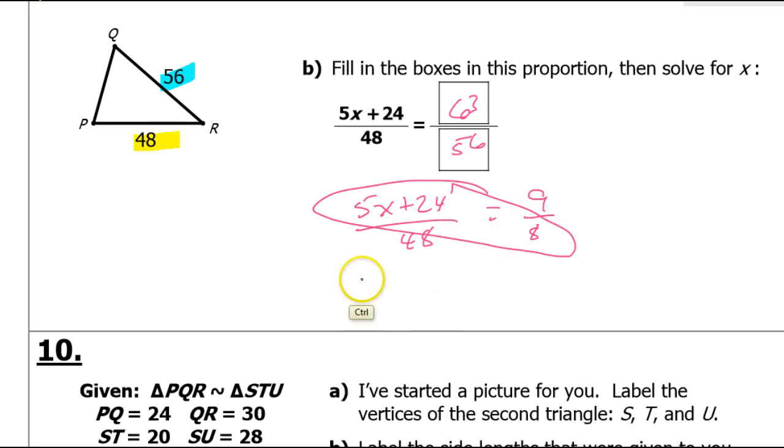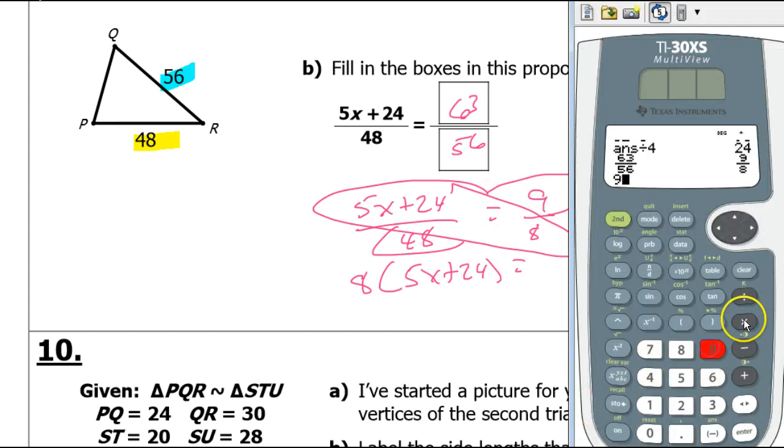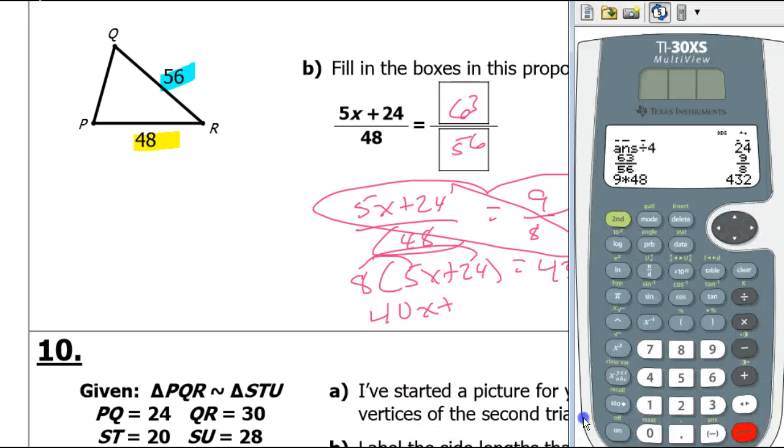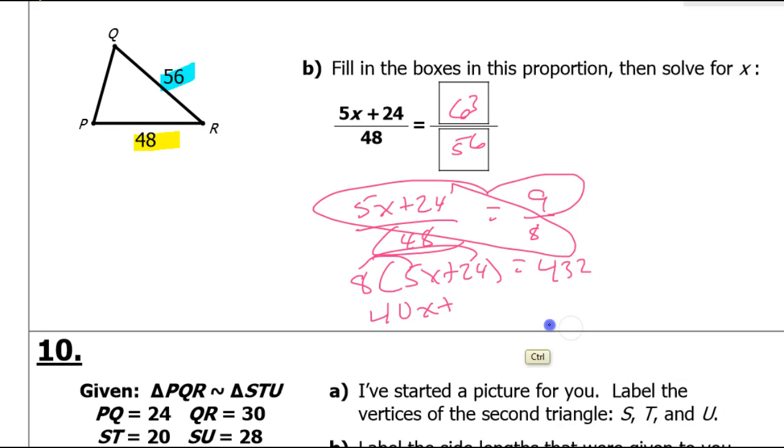Okay, if I multiply those, so I'm doing 8 times 5x plus 24, and then I'm multiplying these, so I'm doing 9 times 48, 432. Interesting. Distributive property. So this will be 40x plus 8 times 24, 192.